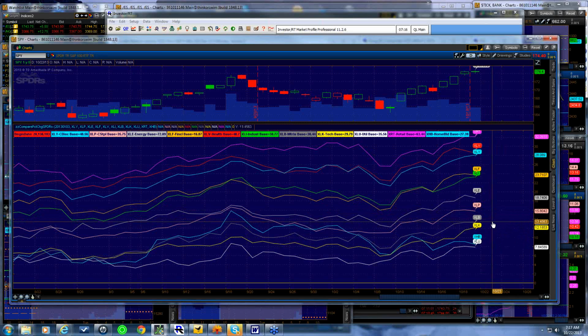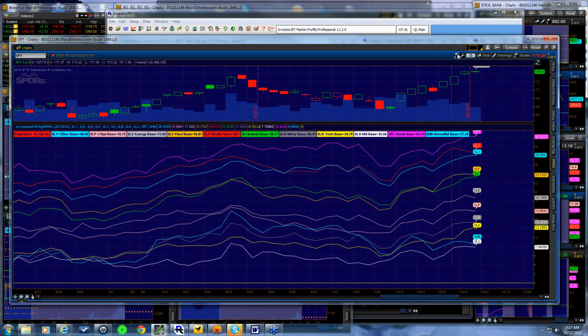Same with XLB, which is your materials. Home builders is starting to tail off a little bit, and utilities have flattened. So we're starting to see some divergence between sectors and the SPY. So that's two indications that breadth is not keeping up with price so far.